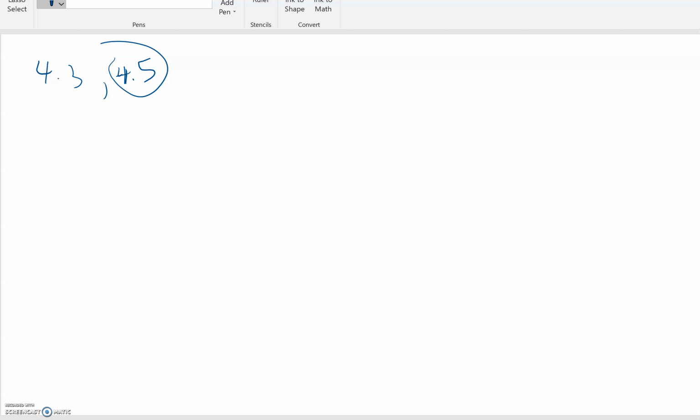Okay, so there's kind of a long list of things that are our goals for this section, but principal among them, one of our main goals, is to be able to identify extreme values.